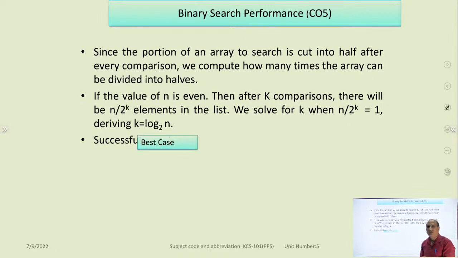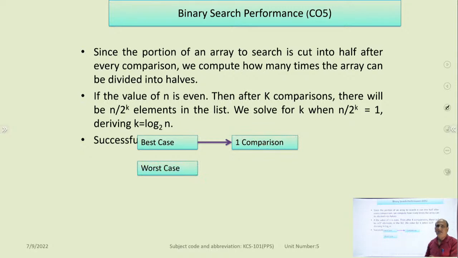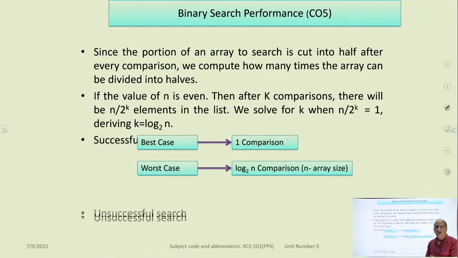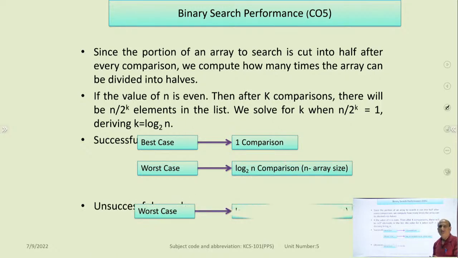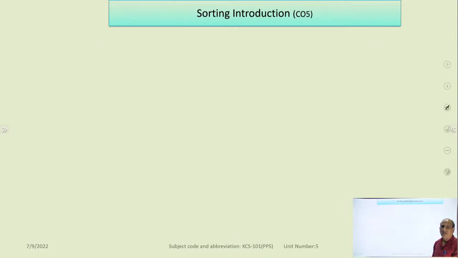As with linear searching, for the successful best case, the number of comparisons is 1, as the element is found at the first mid index position. For the worst case, the running time is log n to the base 2, and for unsuccessful search the running time is also log n to the base 2. Okay, this way we can analyze the performance of the binary searching.